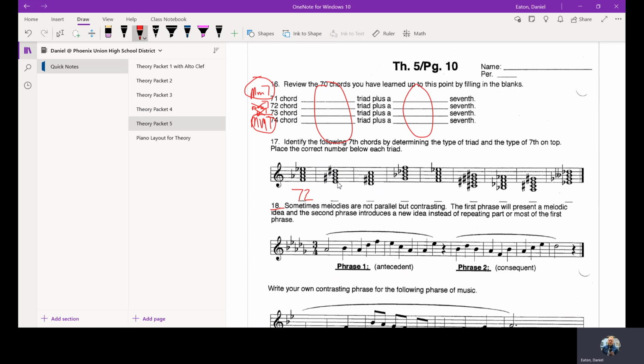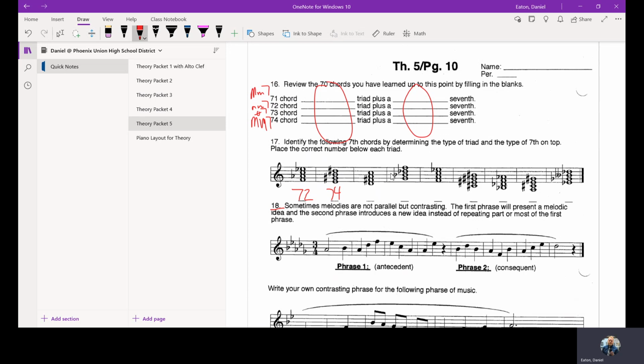You can check it if you want. E to B natural, yes, that's a perfect 5th. Now I need to check the 7th to determine whether it's minor or major. E to D sharp is a major 7th, so that eliminates that. That is my answer, a major 7th chord. Get rid of all this stuff so it doesn't clutter up future problems. We said it was a major, so this is 7-4.